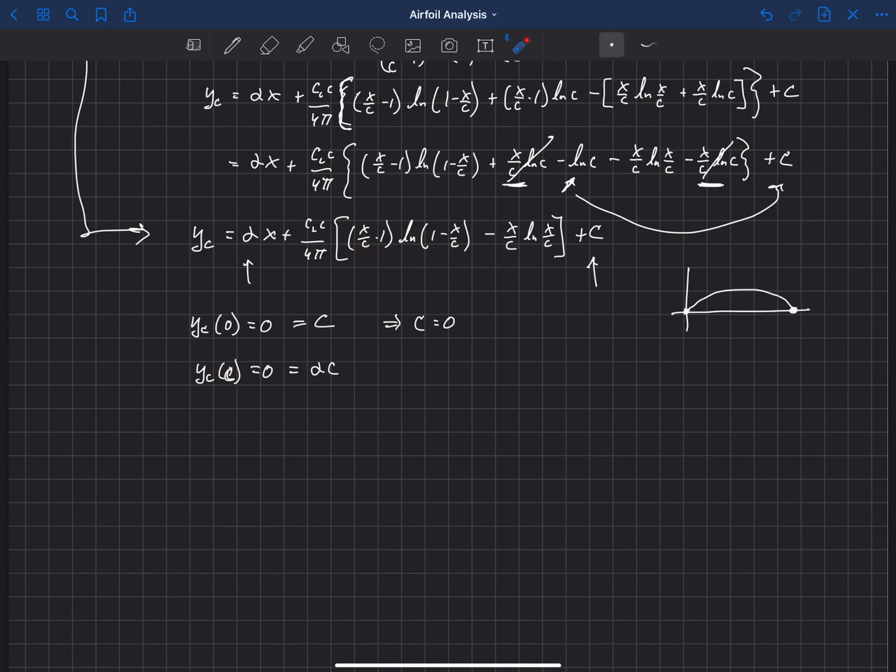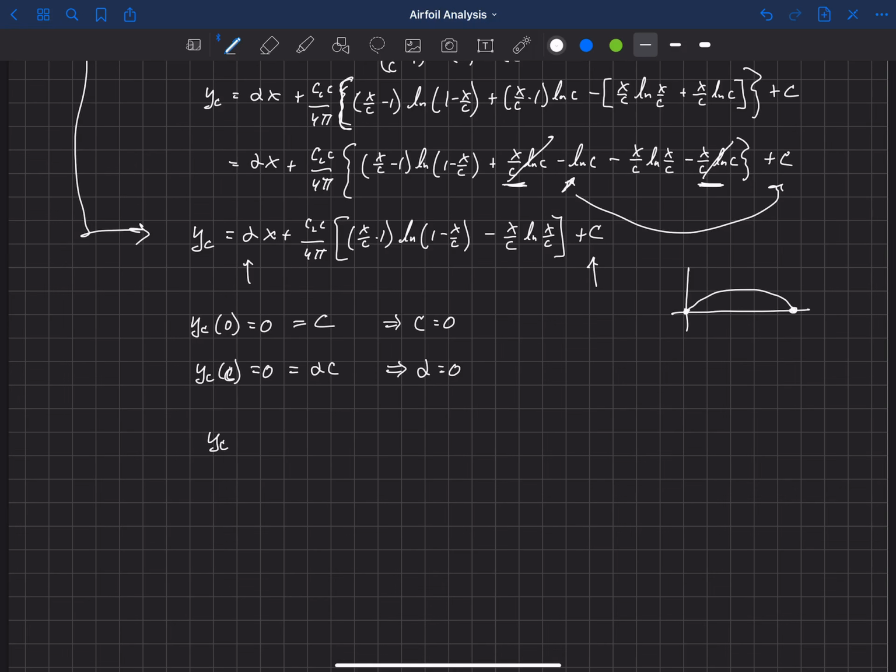When we plug in the c there, we're going to get a 1. Minus 1 is 0, so that term drops out. And then over here, when we plug in this x over c, when we put a c in there, we get natural log of 1, so that term drops out. So that's 0, and then C is 0. So we're left with alpha times little c is equal to 0, which means that alpha has to also be 0.